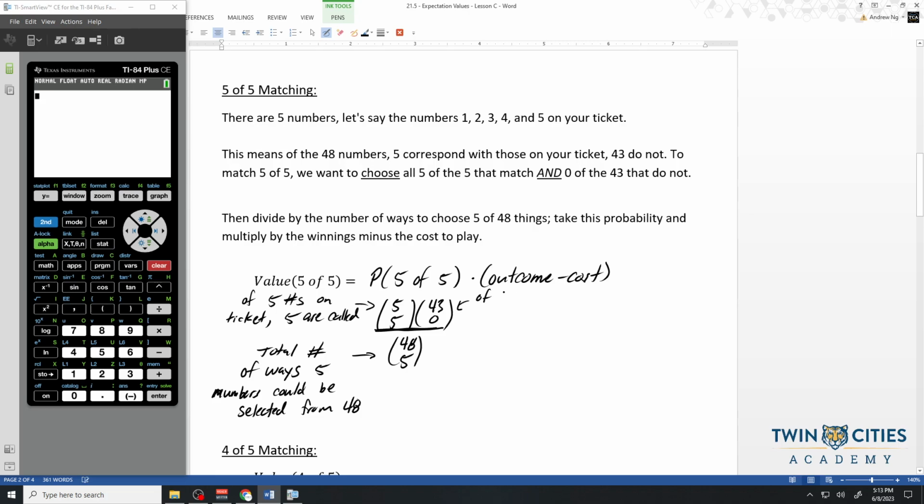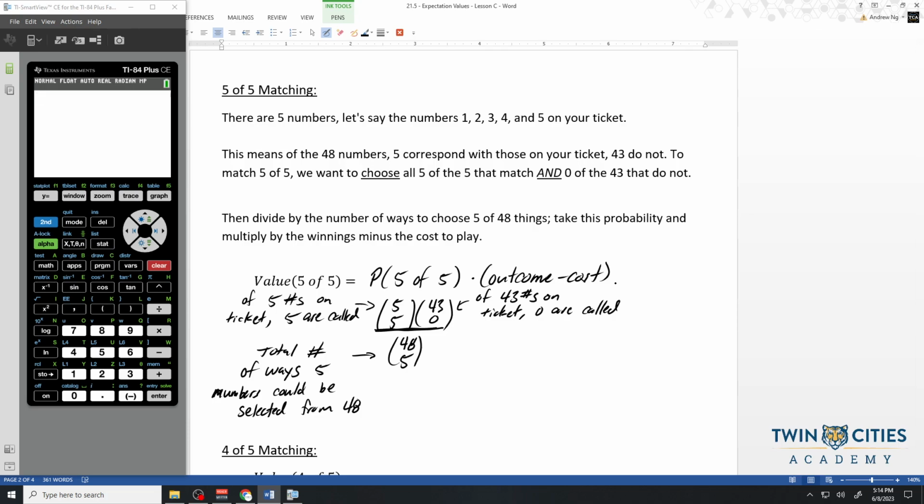So this is of 43 numbers on the ticket, 0 are called. Now, what's nice about this is I can use my calculator for this.